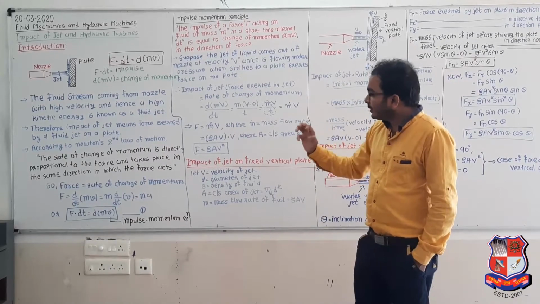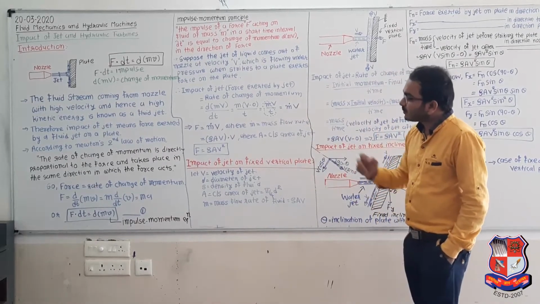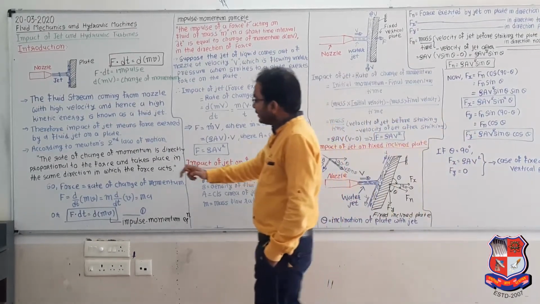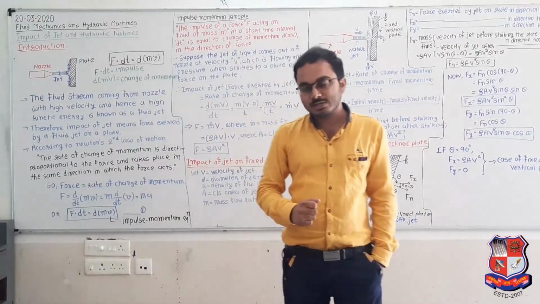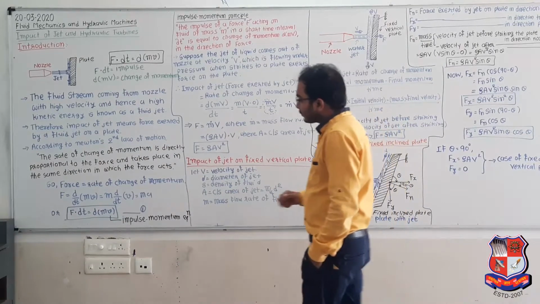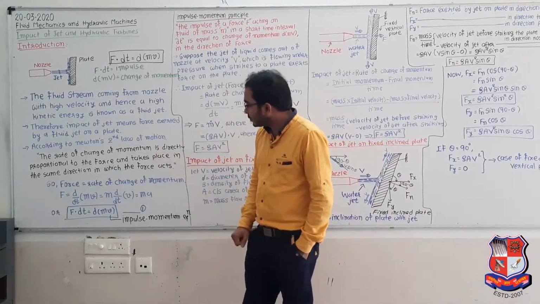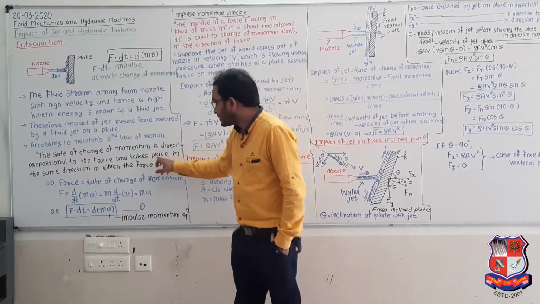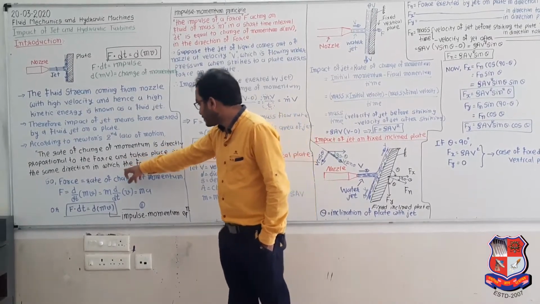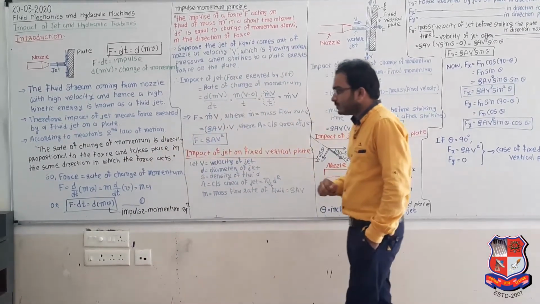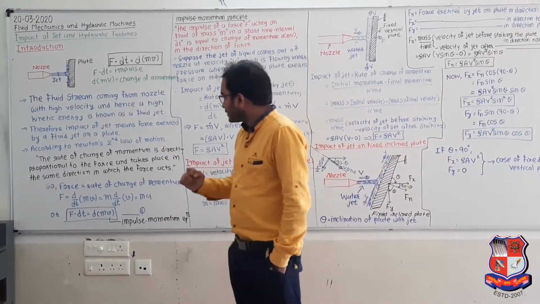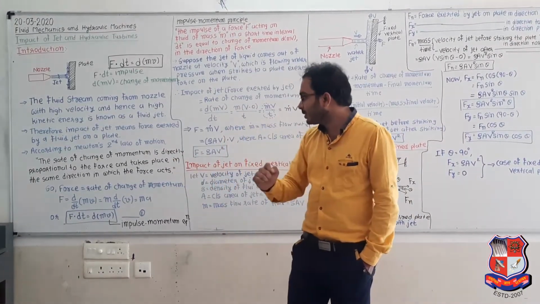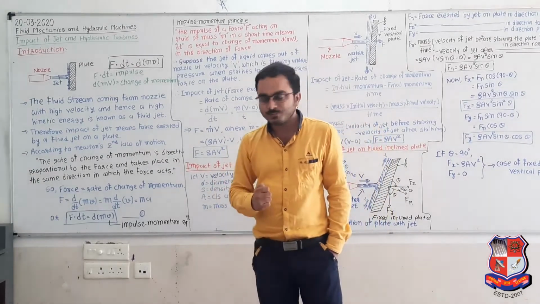Now if we go into the physics behind this phenomenon, then we need to study Newton's second law of motion, which we have already studied in our 12th standard. The rate of change of momentum is directly proportional to the force and it takes place in the same direction in which the force is acting. So to explain this part, the rate of change of momentum will be equal to the force.